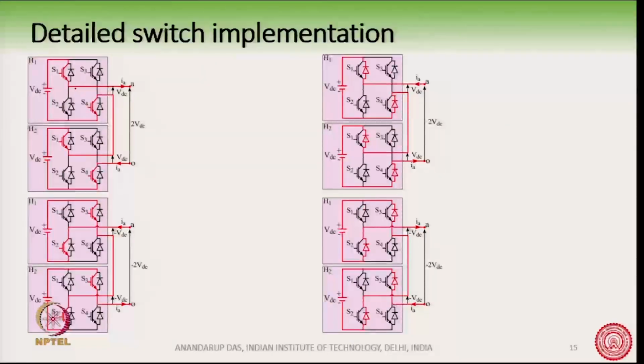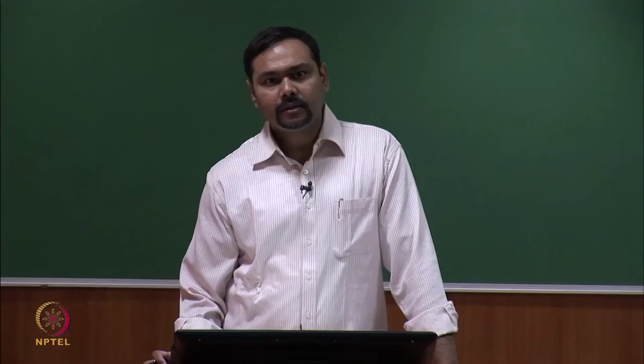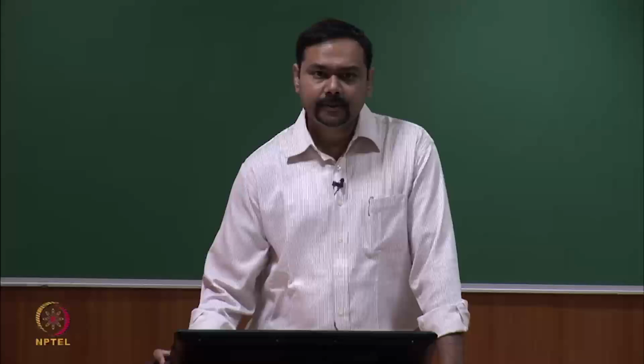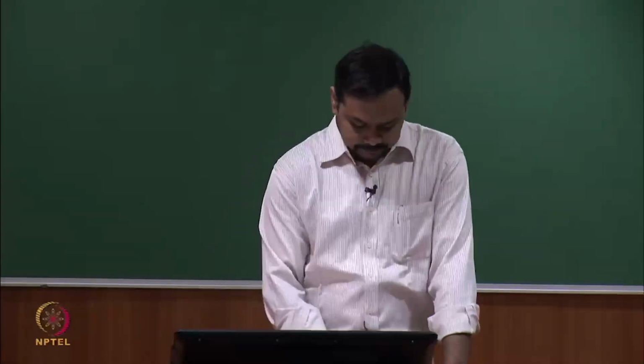For example, if this current is I A, which is going like this, then this transistor will be conducting and this transistor will be conducting here, and it will produce a voltage of plus VDC. So, we have seen the operation of one H bridge earlier in the lecture series, so we will not go into the details, you can follow it up.